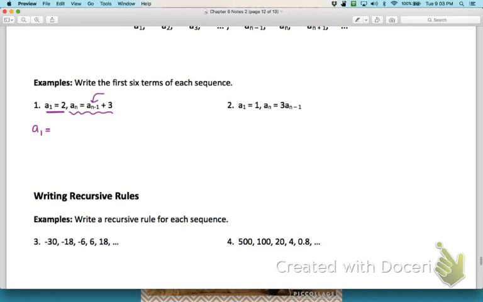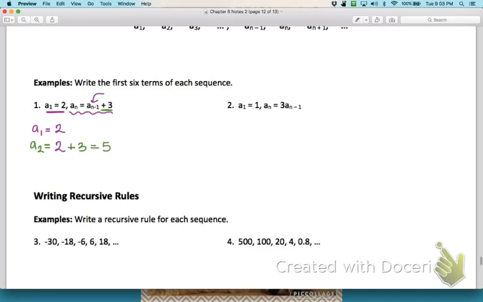So a sub 1 is equal to 2. A sub 2 is going to be equal to the previous term, so the one that comes before term 2 is going to be term 1, plus 3. That's what the rule told us up here. So that means that A2 is 5.